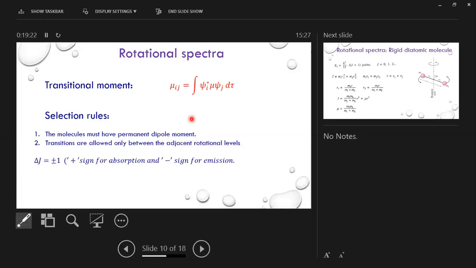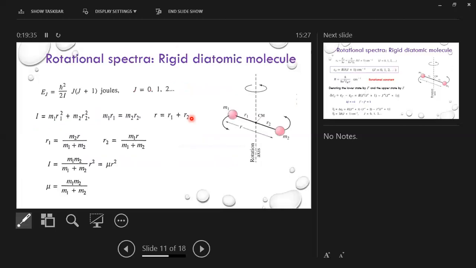Right, so now let us discuss the rotational spectra of a rigid diatomic molecule. Here you see a diatomic molecule of two different atoms. Suppose this is HCl. This one is the hydrogen atom, this is the chlorine atom, and they are connected by the covalent bond, and this is the center of mass.